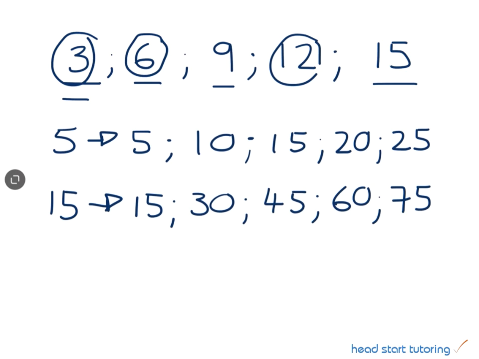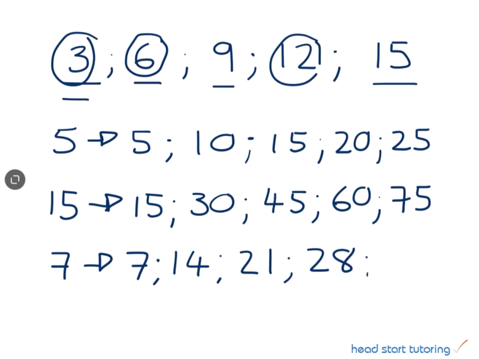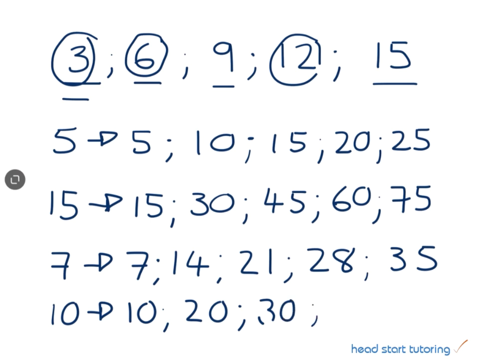The first 5 multiples of 7 would be 7, 14, 21, 28, and 35. The first 5 multiples of 10 would be 10, 20, 30, 40, and 50.